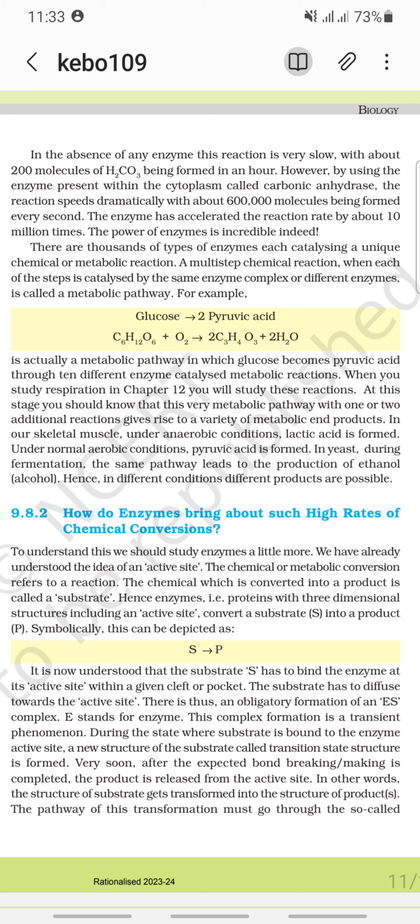At this stage, you should know that this very metabolic pathway, with one or two additional reactions, gives rise to a variety of metabolic end products. In our skeletal muscles under anaerobic conditions, lactic acid is formed. Under normal aerobic conditions, pyruvic acid is formed. In yeast during fermentation, the same pathway leads to the production of ethanol, alcohol. Hence, in different conditions, different products are possible.